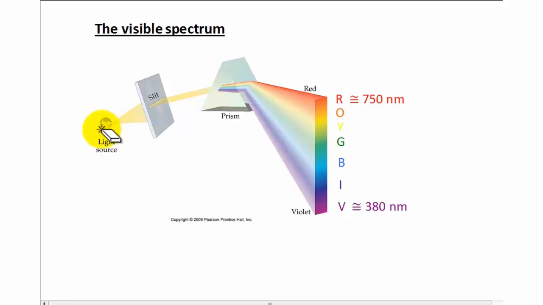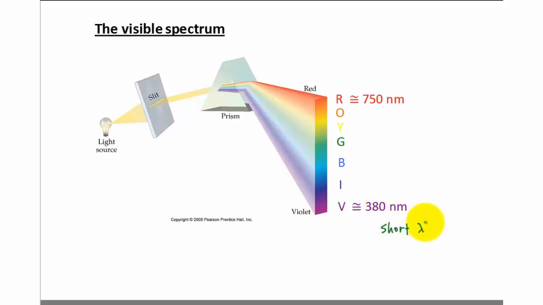If I have some sort of regular incandescent light bulb, like with a filament in it, and we run that light through a prism, it will separate the different wavelengths of light, because when the light moves from the air to that prism, it travels a little bit differently, so that the colors of light with the shortest wavelength, like violet here, short wavelength, red light has the longest wavelength. Let's make that lambda a little better there.